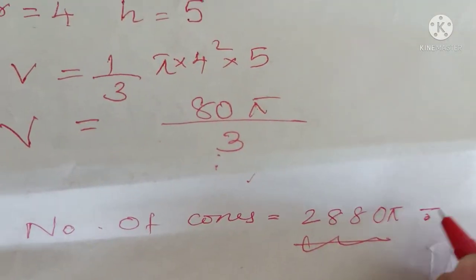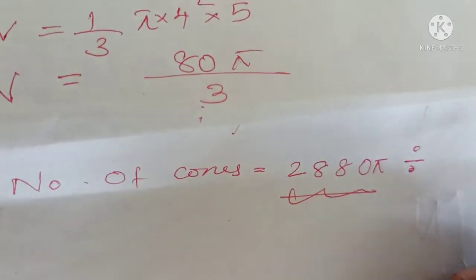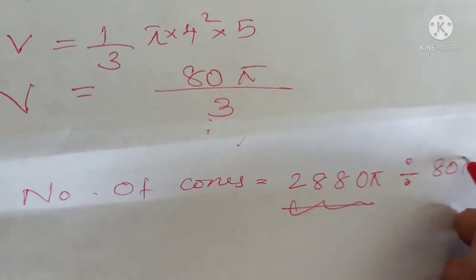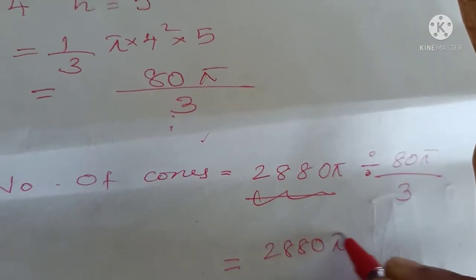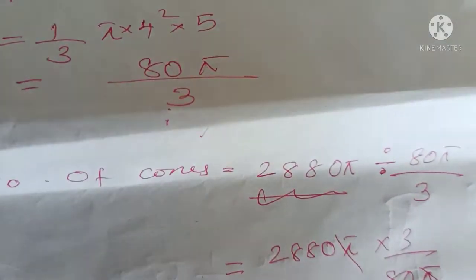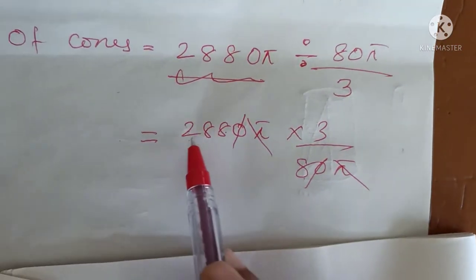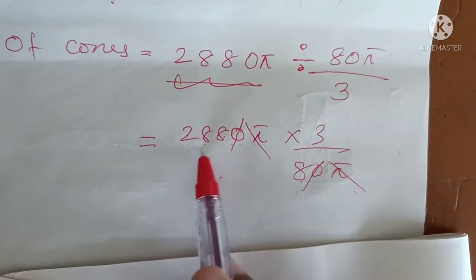So the number of cones is the total volume divided by the volume of one cone, that is 2880 pi divided by 80 pi by 3. So that is 2880 pi into 3 by 80 pi. Pi and pi get cancelled, 0 and 0 get cancelled.